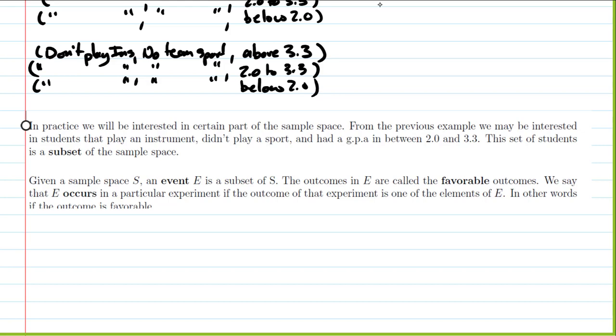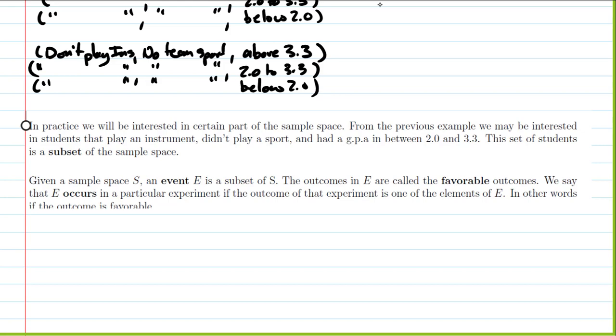So when we have a sample space, we're often going to be interested in events that aren't the whole sample space. So like we said, for instance, the students who play an instrument, didn't play a sport, and had a GPA between 2.0 and 3.3 would be a subspace of that space, or an event. We could even make it broader.